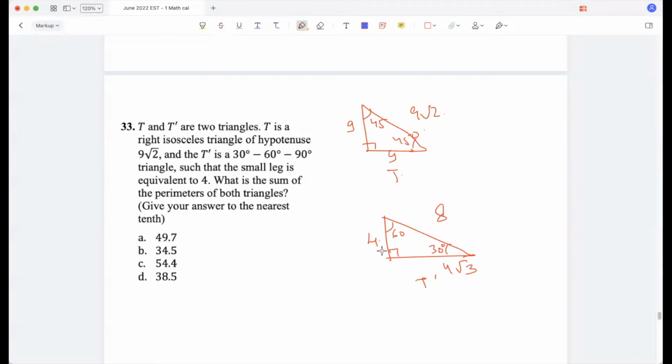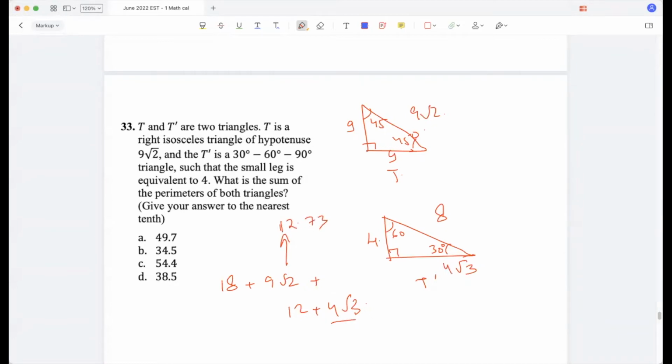What is the sum of the perimeters of both triangles? Okay, so it will be 9 and 9, 18, plus 9 root 2, plus 12, plus 4 root 3. Okay, so let's plug that in. 9 times root 2 is 12.73.